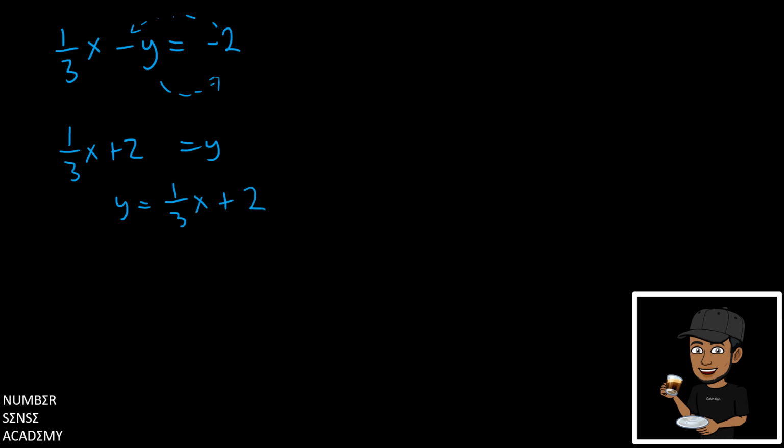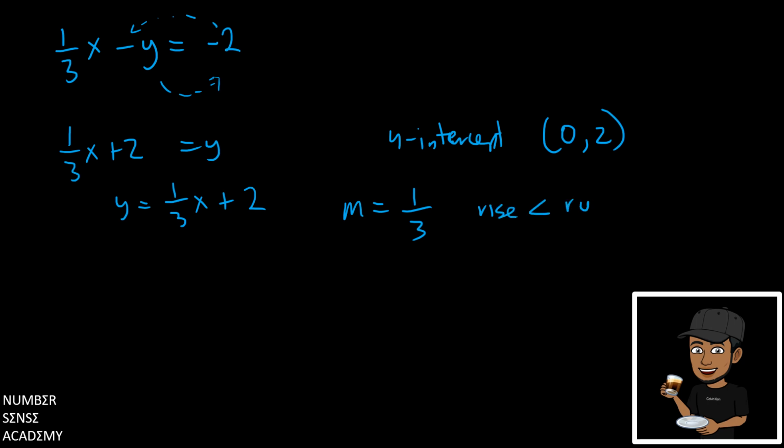Again, we know that the y-intercept is 0, 2. No need to spend much time there. But the slope is 1 over 3. So the rise is less than the run. We're running further than we are rising.